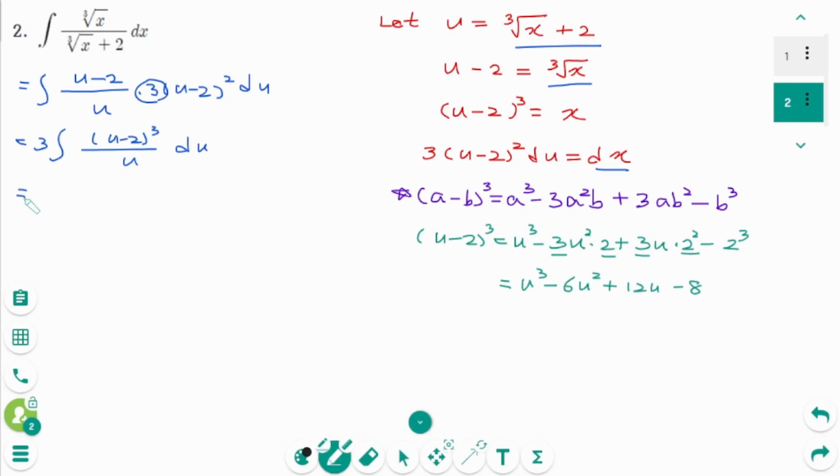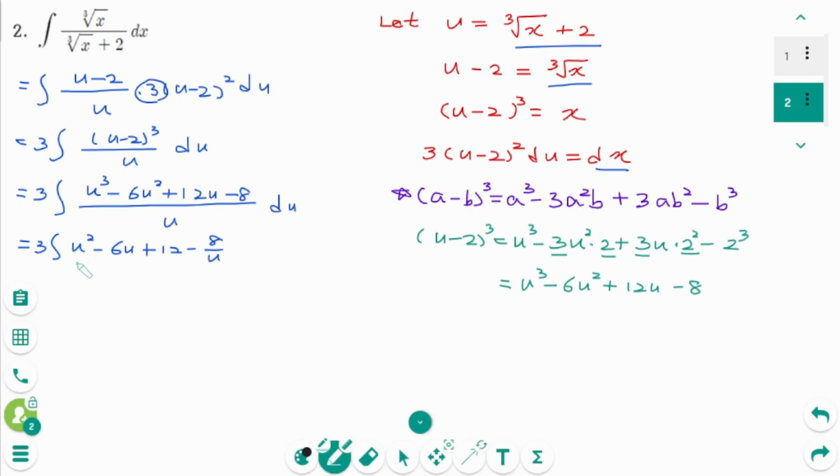Then back to the original: 3 times the integral of u cubed minus 6u squared plus 12u minus 8 over u du equals 3 times the integral of u squared minus 6u plus 12 minus 8 over u du, making it separate.